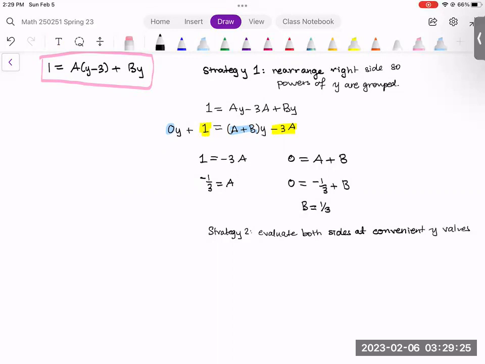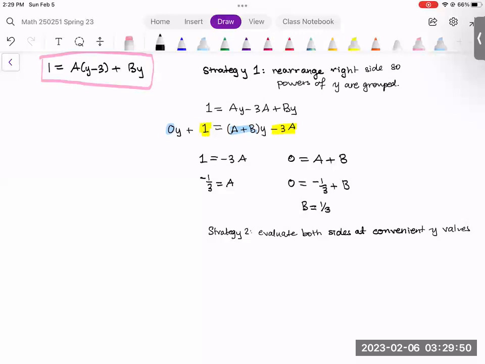Because these functions are equal to each other, we actually have equality no matter what values we put in. So we could put a whole bunch of different ones in. But particularly helpful for us is going to be evaluating these at the roots of y minus 3 and y.